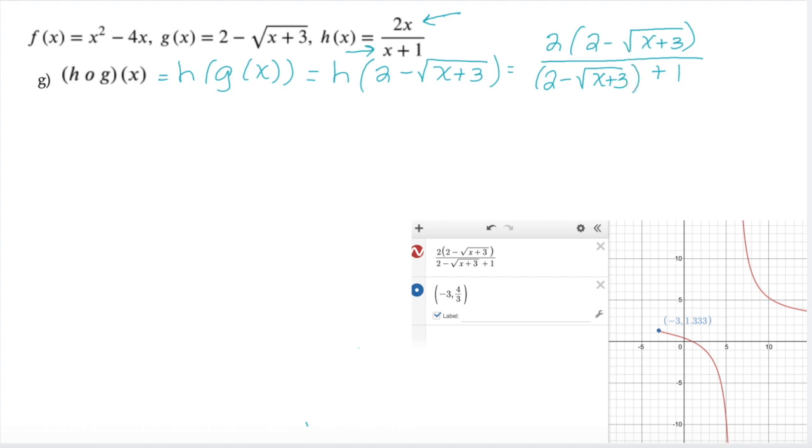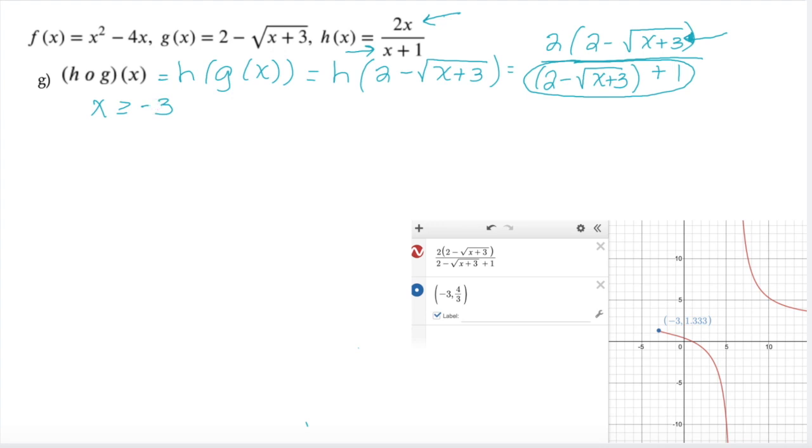We still have two things going on that we need to be concerned about. We need to be concerned about our denominator because we do not want this to be 0 at all. In addition, we also have a radical that we need to ensure is greater than or equal to 0. We know right away that we can say that x has to be greater than or equal to -3 for the radical.